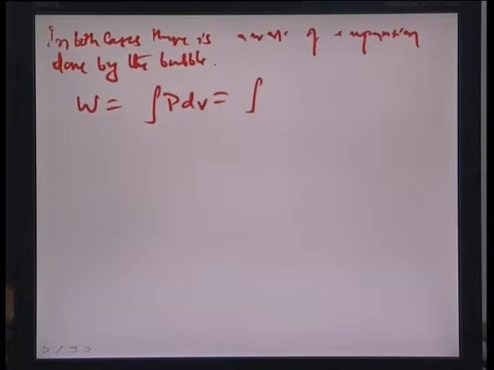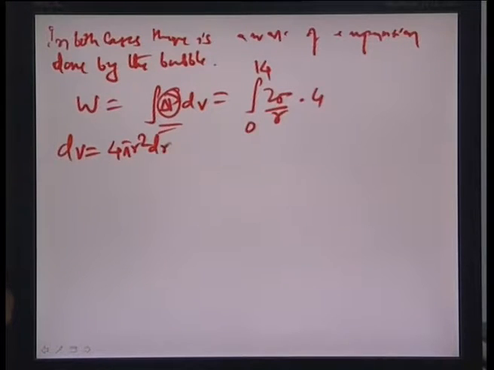Also this varies between 0 and 14 microns, and you have a delta P here. The pressure difference is about 2 sigma by R times the elemental volume, as I had done before in the case of spherical symmetry, which is given by 4 pi r squared dr.